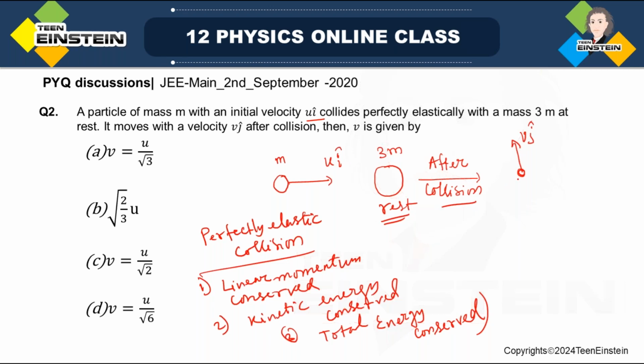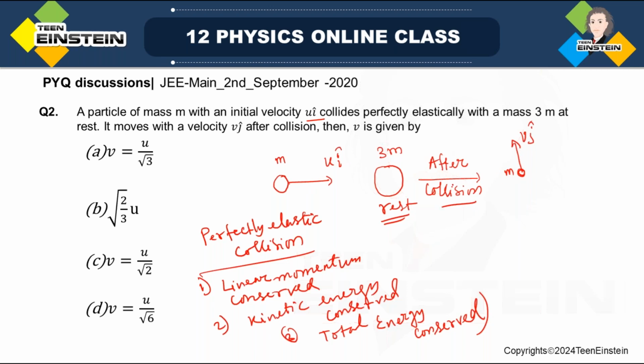See, if I have linear momentum conserved, initially there was no momentum for this bigger mass, while this one has. So finally, you get velocity for this small m along the j direction.